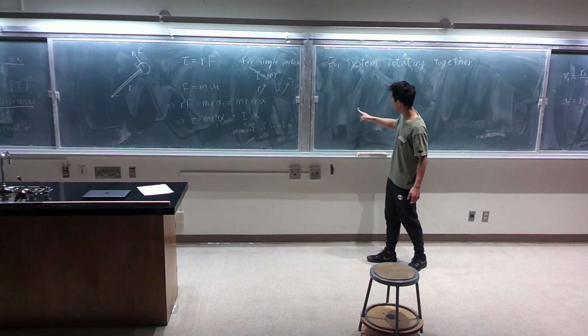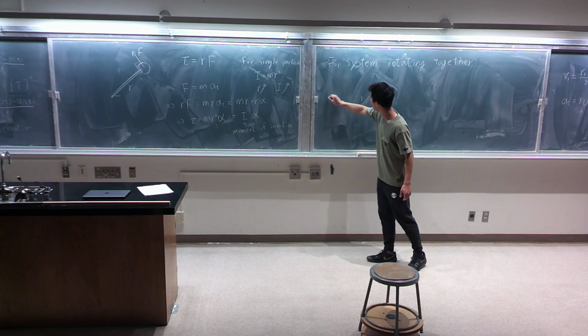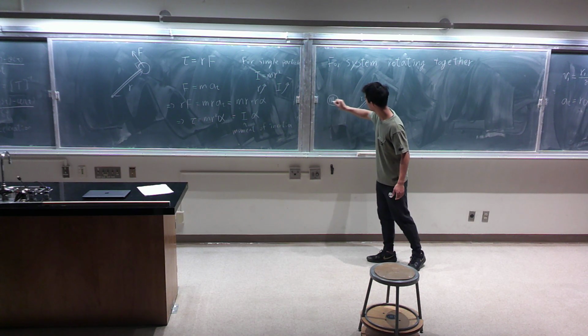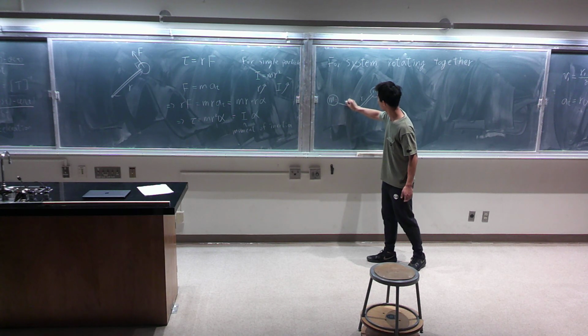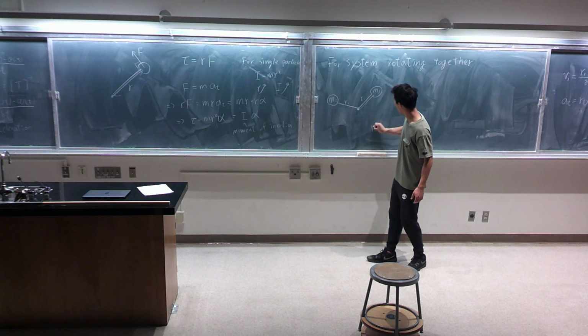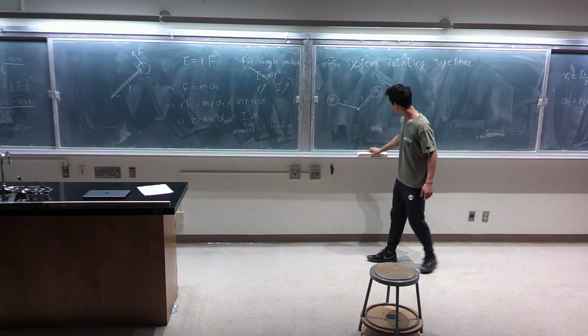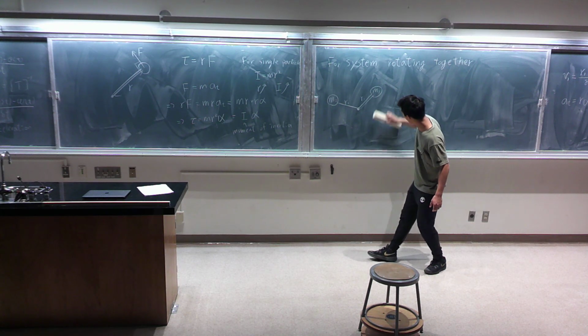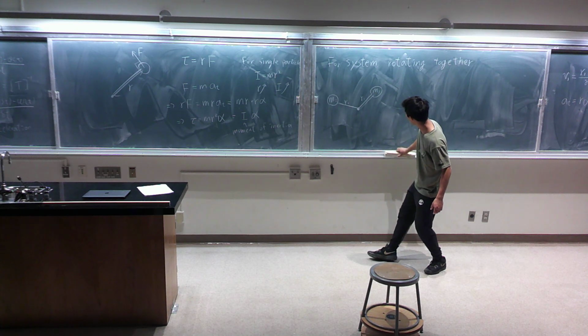Here's the pivot that you're going to rotate. There's a particle this far. There's another particle this far. And there's a lot of other particles, all might be located at different distances from this pivot.